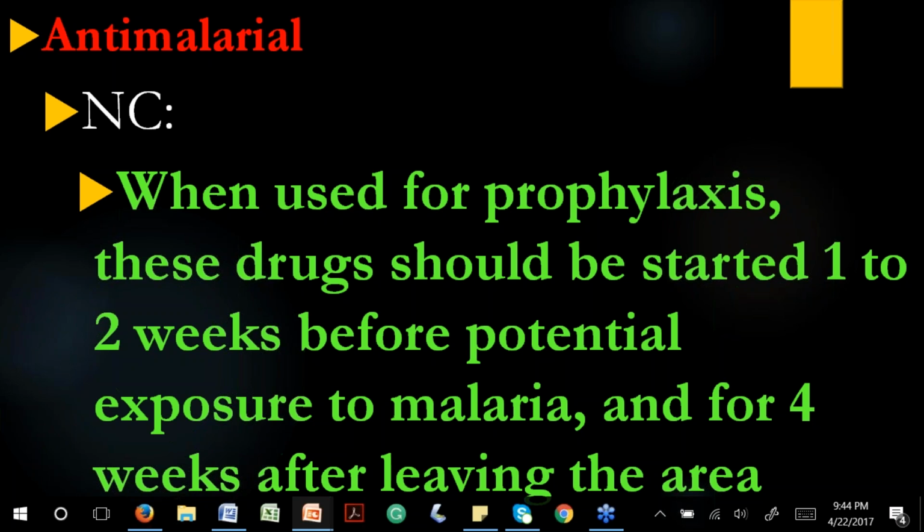The eggs of the mosquito need a lot of water, and water that is not moving. So in 2 weeks, they start to grow and proliferate. When you go to those areas, you need to have prophylaxis, 2 weeks before going to that area, and 4 weeks after you return from that area.